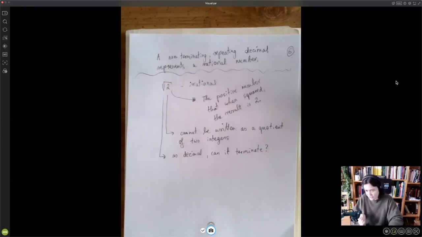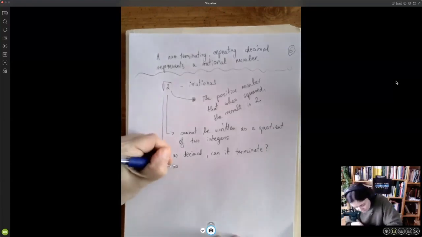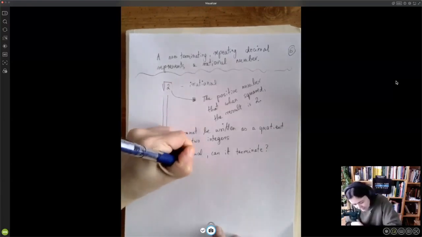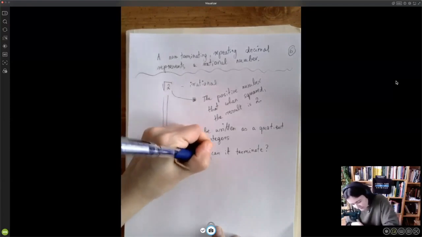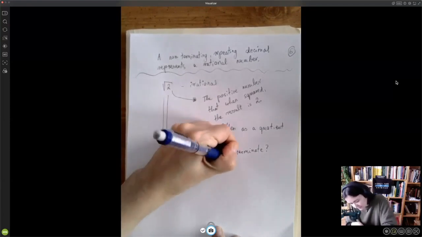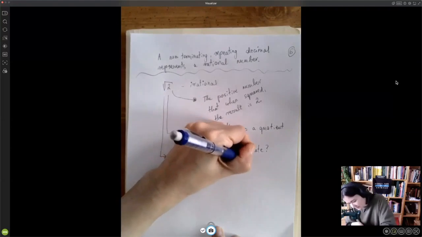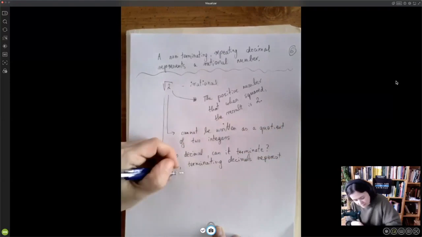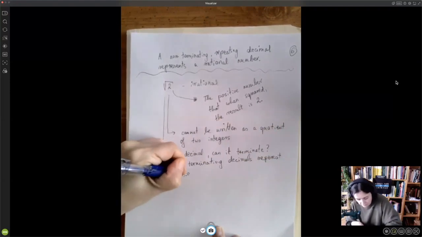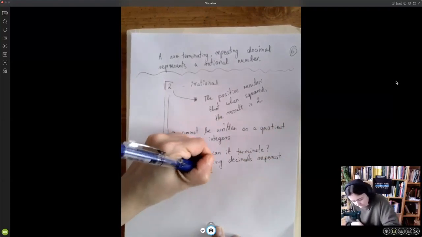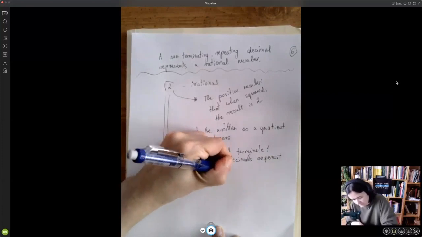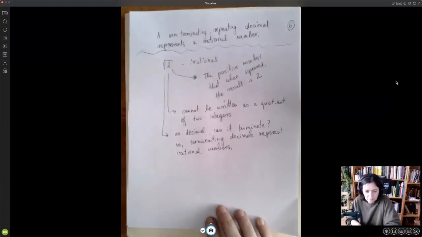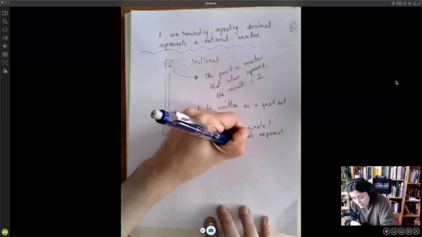So irrational numbers as decimals cannot terminate.